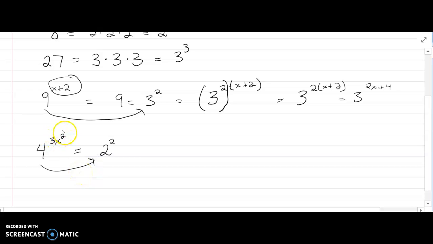What happens with this 3x squared? Well, we have to leave it up there. It becomes 2 times 3x squared, so we multiply these together. Then this gives me 2 to the 6x squared.